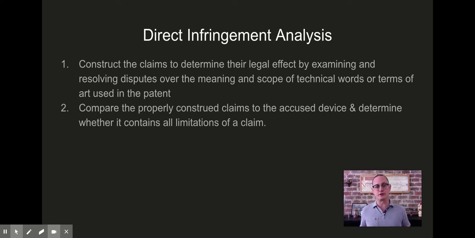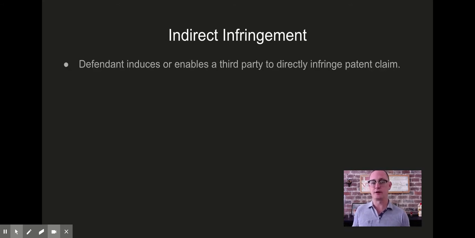We first have to determine what the property right conveyed by the patent actually is, what the subject matter of the patent in question is. And then you compare the construed claim to the product in question and determine whether the product satisfies all limitations of the claim. In other words, are all of the elements of the claim present in the accused product? That's how you determine direct infringement.